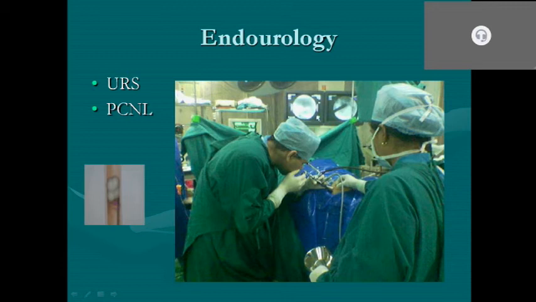You can even enter the calyces in a favorable anatomical group of patients. Then second is PCNL, percutaneous nephrolithotomy. You enter the kidney through a small hole on the back, pass a scope into it, and then fragment and remove the stones.